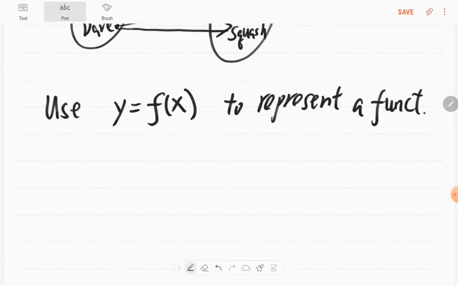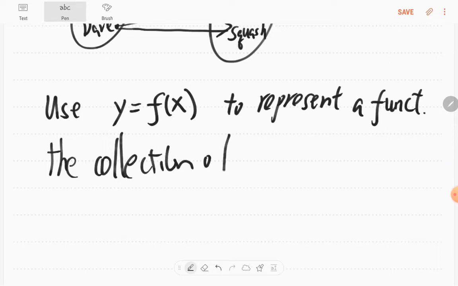The collection of all x values is called the domain.